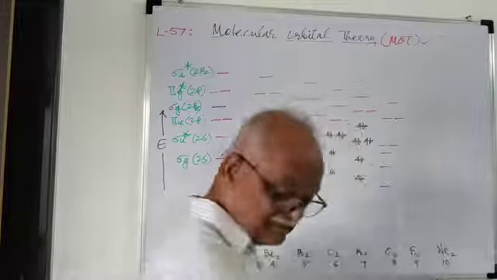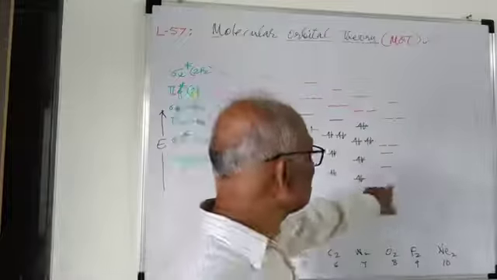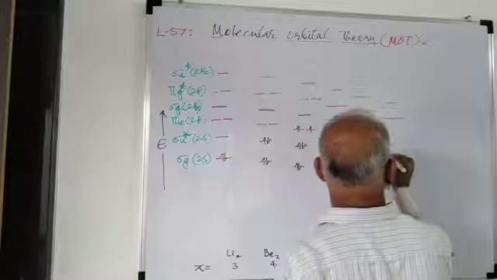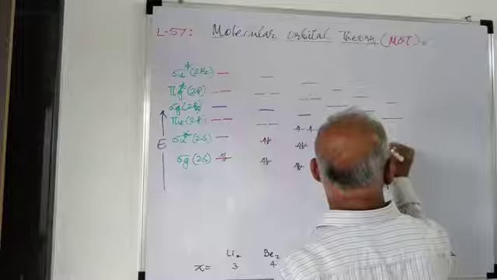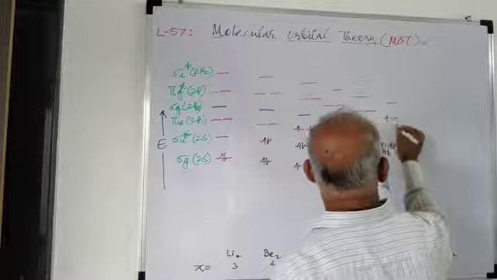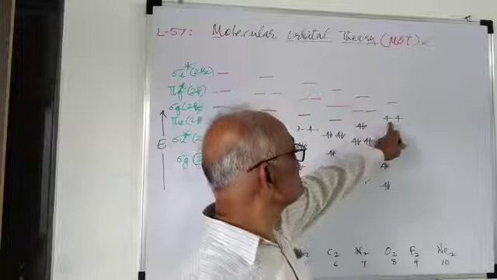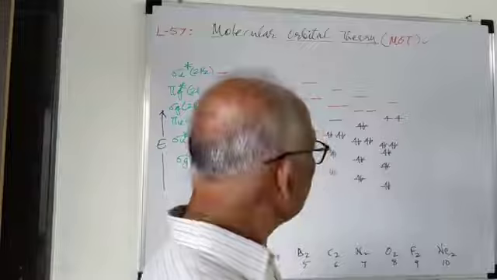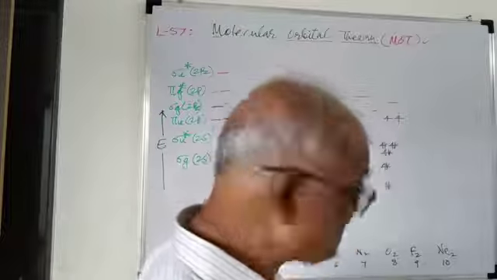Like this, and this will have again two more electrons for distribution. So we have the number of electrons like this. So then two more electrons will enter with same spin in the pi anti-bonding molecular orbitals.